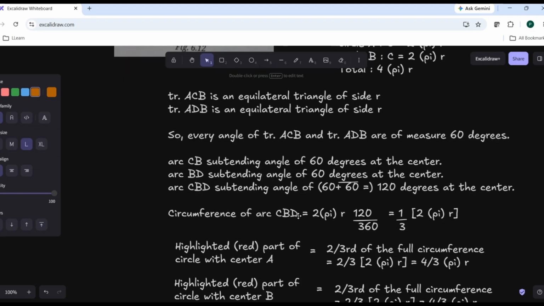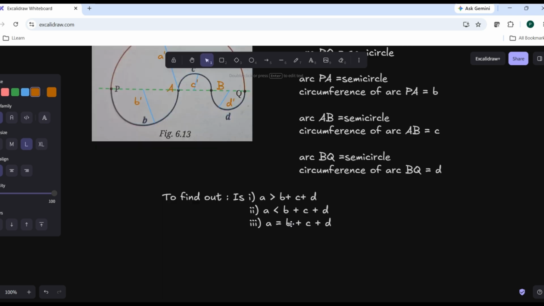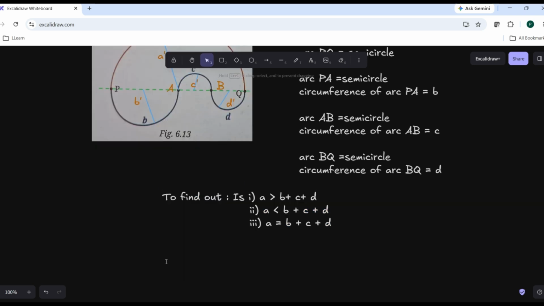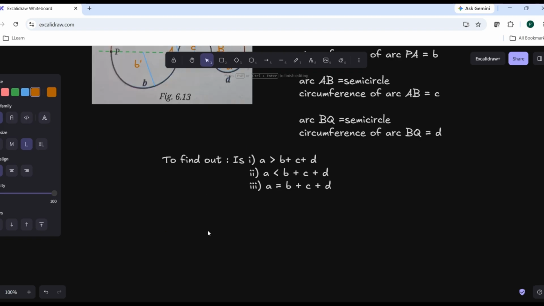So for our PQ, we are told that its length is A. We can say this A is equal to pi of A dash. Similarly, B is equal to pi of B dash. Pi into radius, this is the circumference of a semicircle.